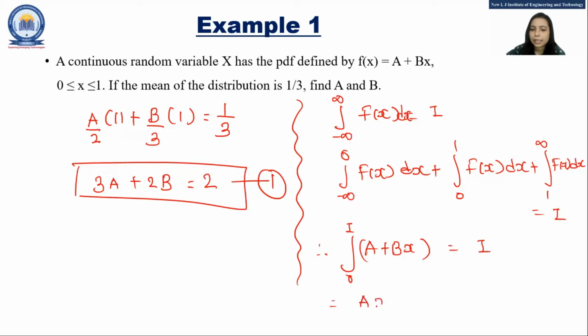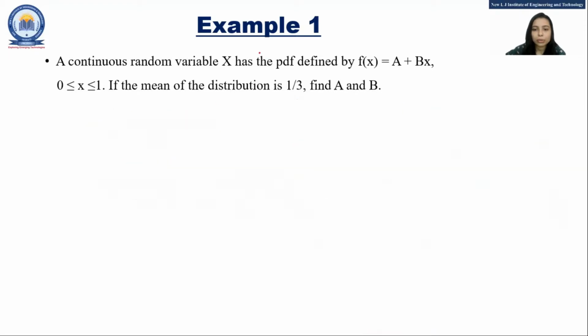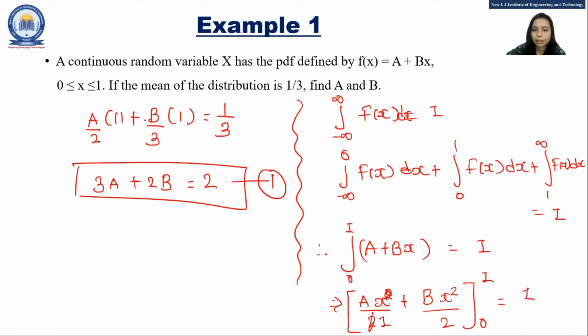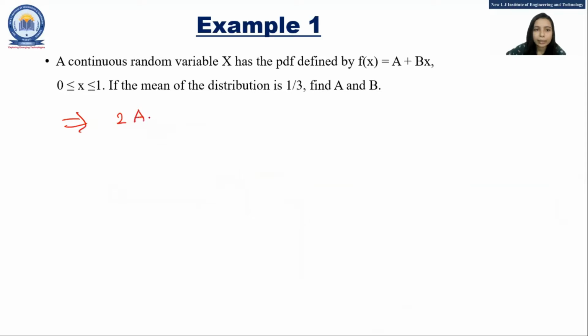That is ax plus bx square divided by 2, lower limit 0, upper limit 1, and that is equal to 1. So that can be written as 2a plus b is equal to 2. This would be equation number 2.